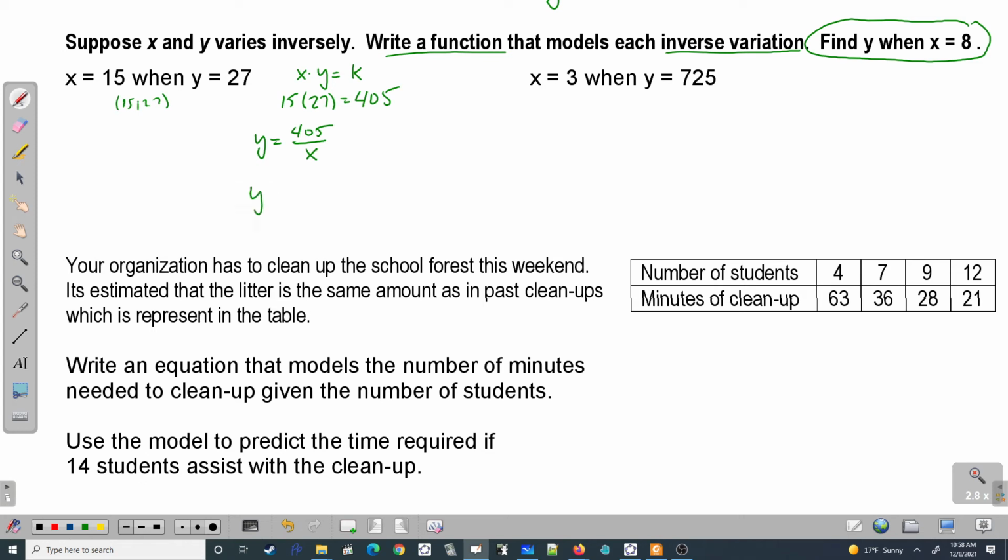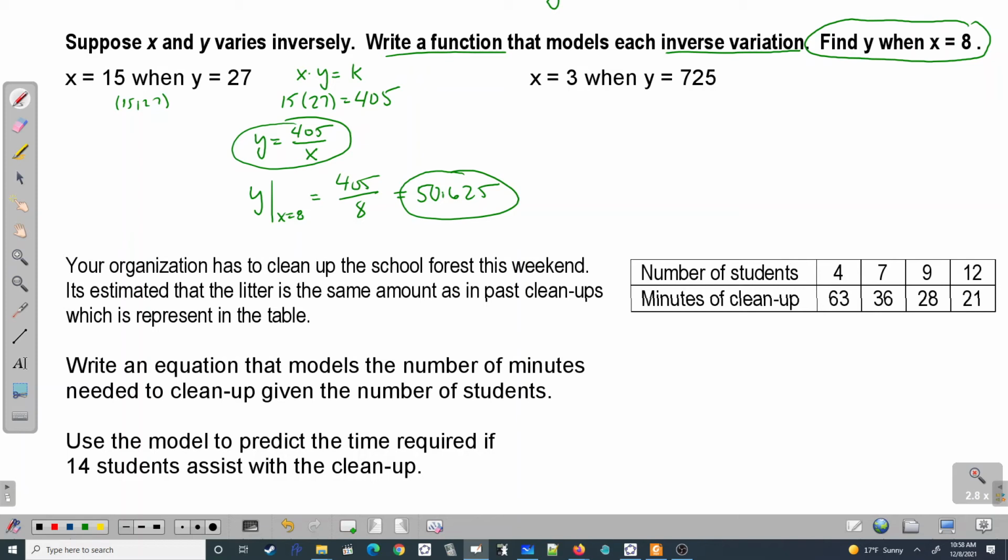So for this example, when x is 8, and this is just a fancy way of saying I'm trying to find y for this particular case, I'm just going to take 405 divided by 8, which works out to be 50.625. So there would be the function, and there would be our answer for when x equals 8.